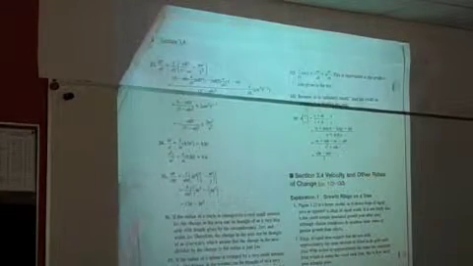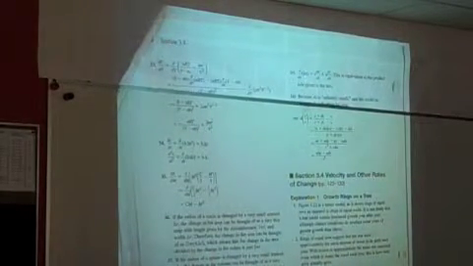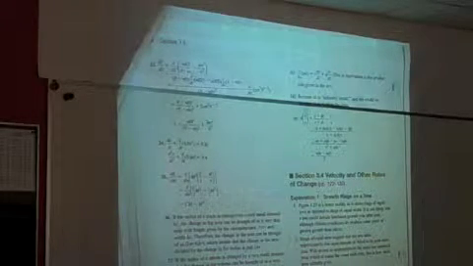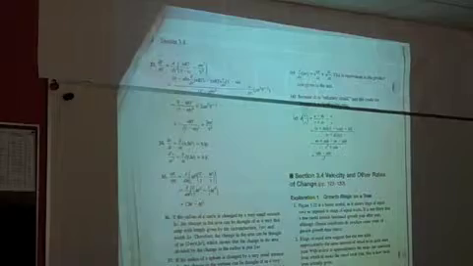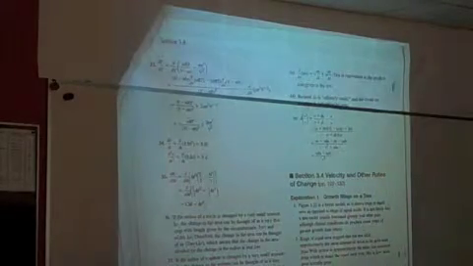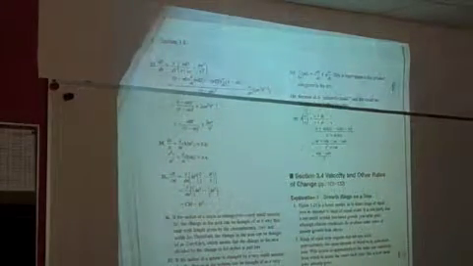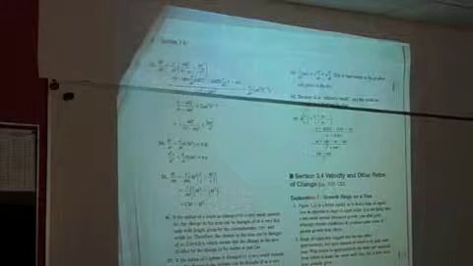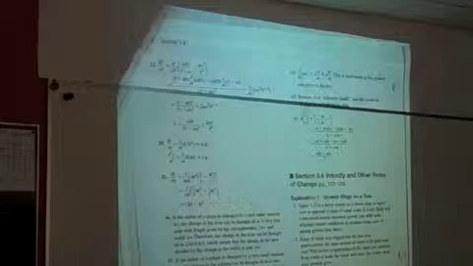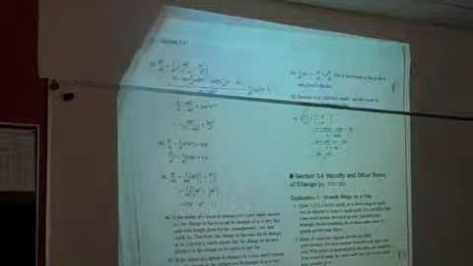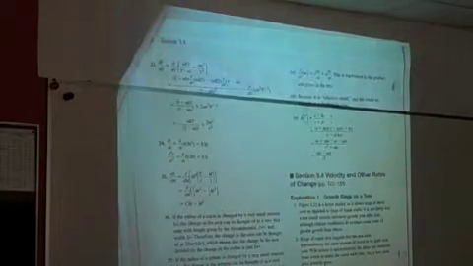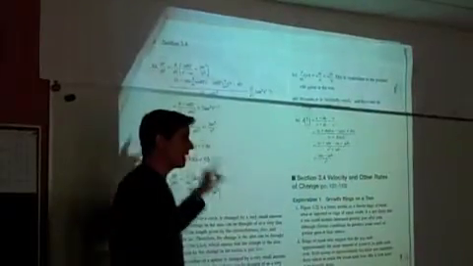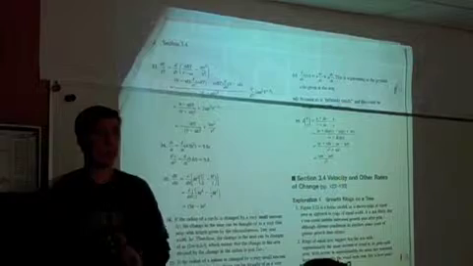In that 33, if everything's a constant, you treat it as a constant. Both sides, you take the derivative in terms of time on both sides.